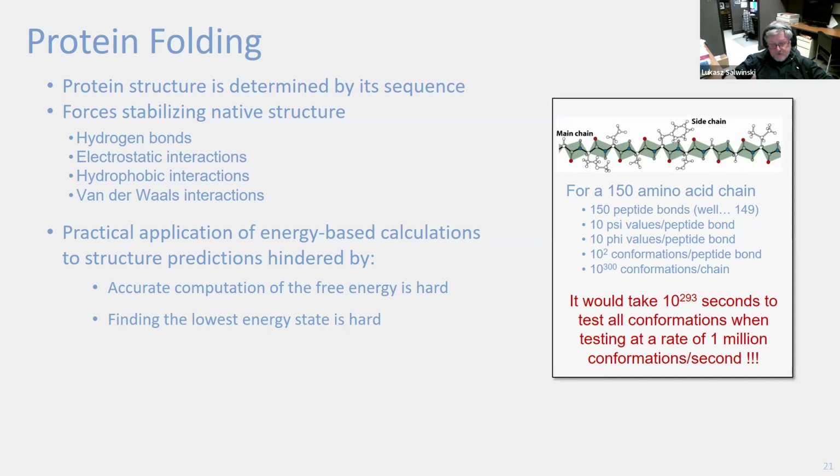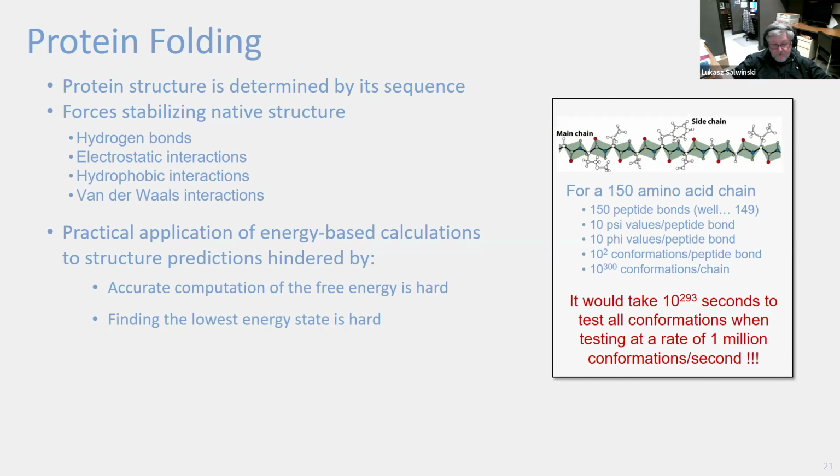So there was some sort of a combination between the energy terms originating from pure physics and pure theory and observations collected from experiment. The energy calculated by Rosetta is a mixture of physics-based terms and what's generated based on experiments.